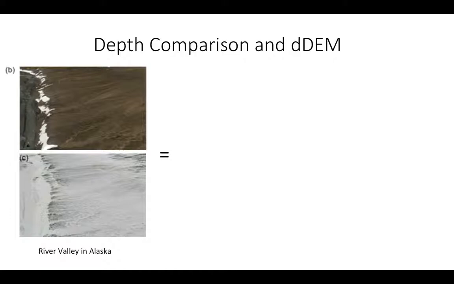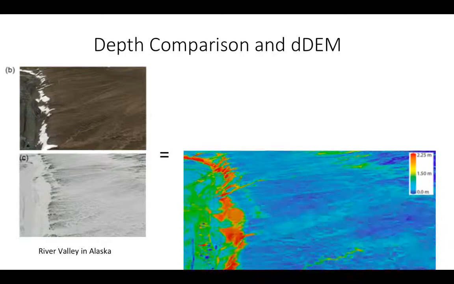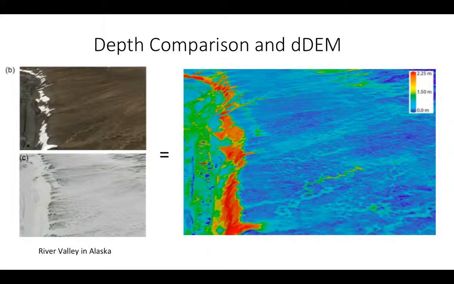So they would take these two DEMs and overlap them, and then you would get this, a difference DEM showing the elevation differences for those areas. In the blue area, that tundra area on the right, you're not really seeing that large of a buildup.